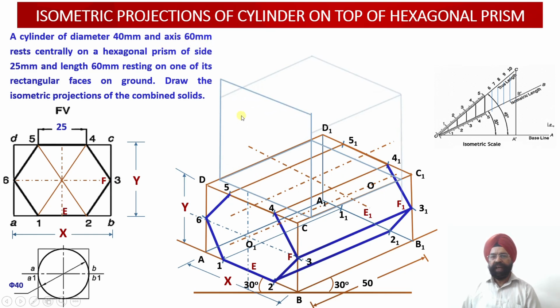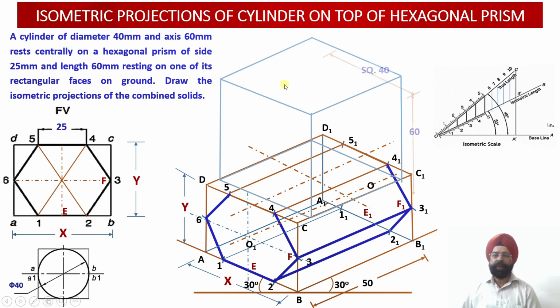Please check, I am going to draw a square prism over here. So this is my square prism. You can check, the edge of the square is 40 millimeter and the height of this prism is 60 millimeter. This square prism has been drawn on top of this hexagonal prism and it is resting centrally on the top of this surface.